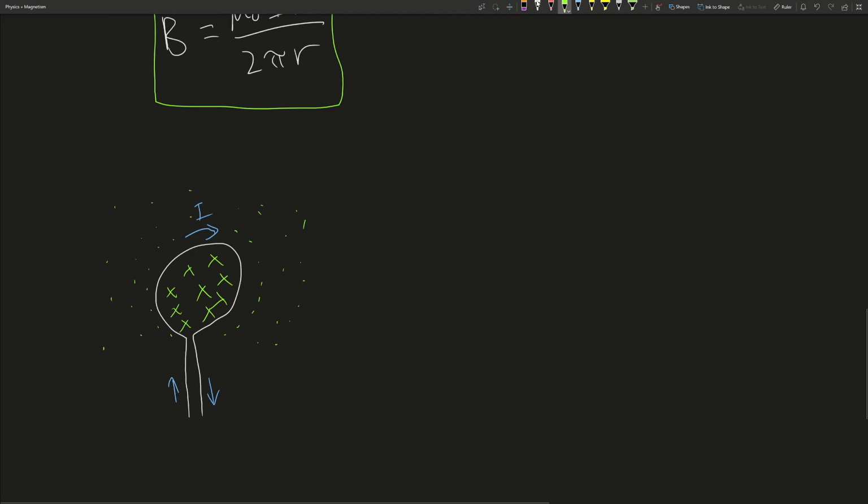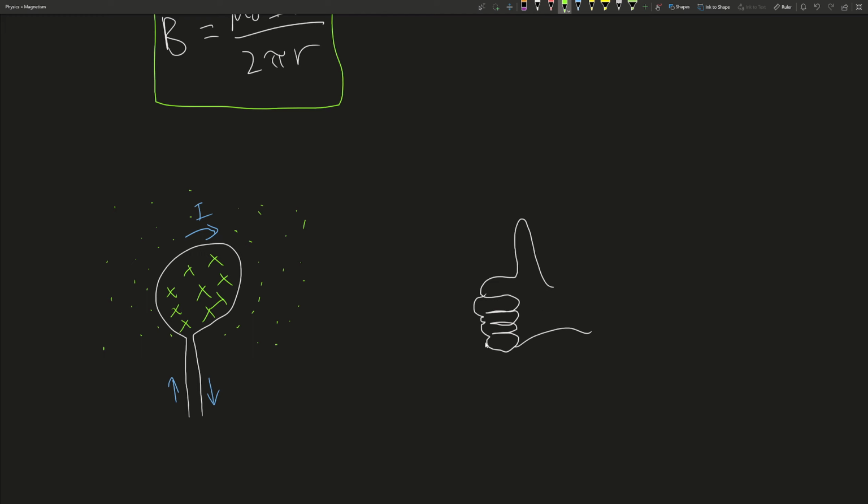So we have almost like a reverse right-hand rule, where we have our right hand here. We usually use this when we want to find the direction of a magnetic field in a loop.